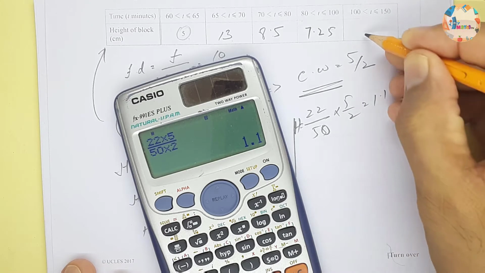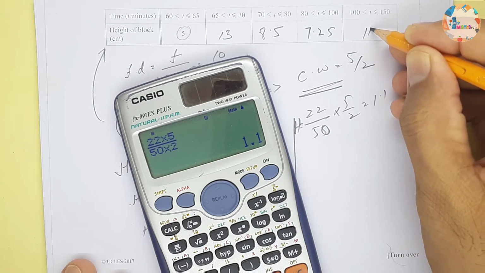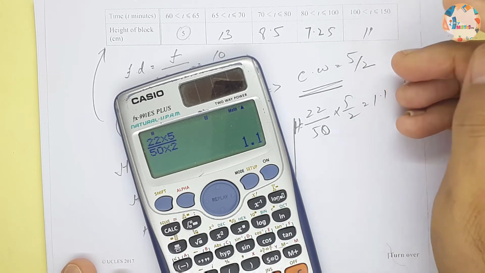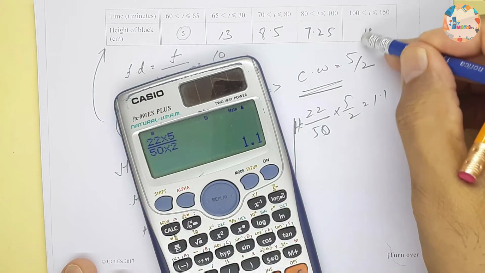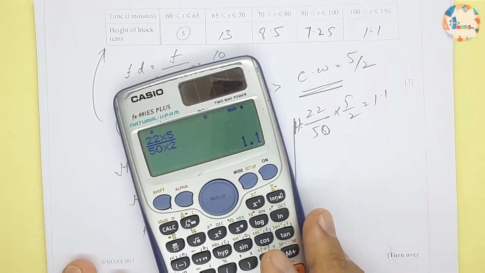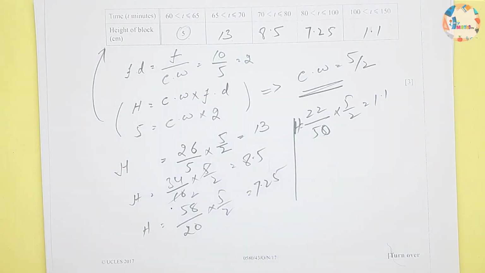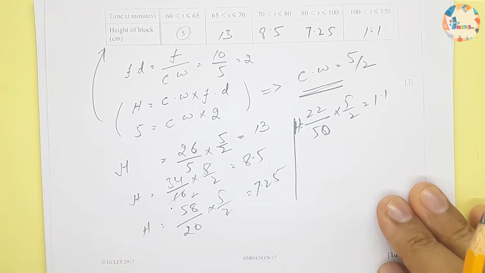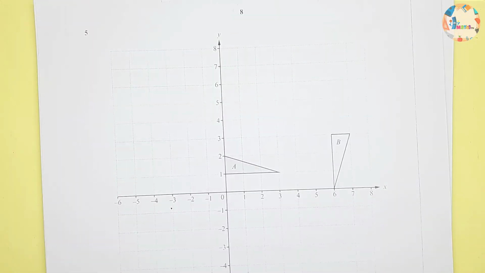So height for the last one is basically 1.1. So this one we can write 1.1. Hopefully you understood this. This is a little tricky question, so we can go through next.